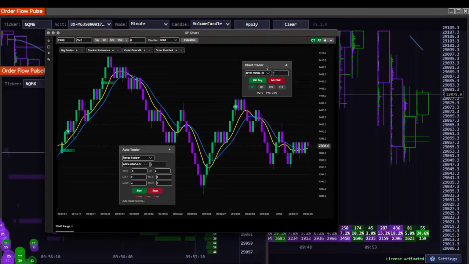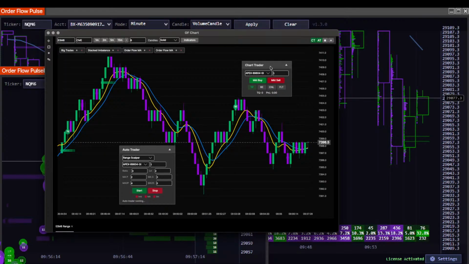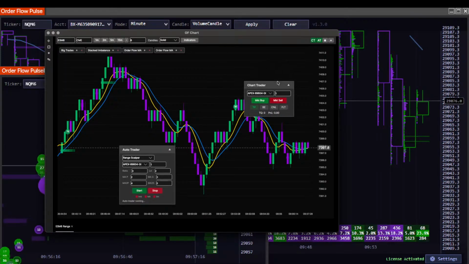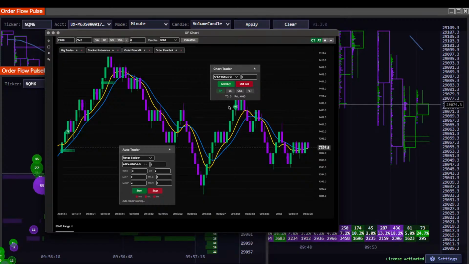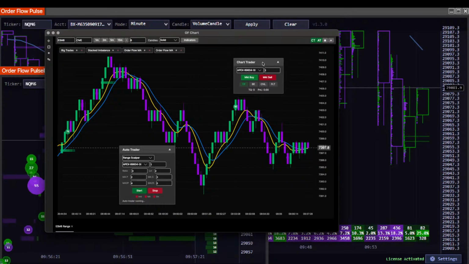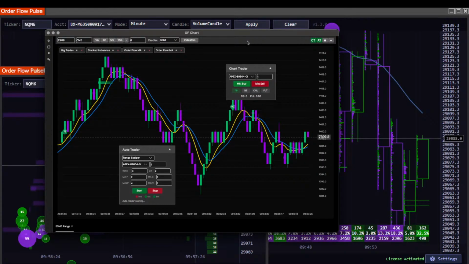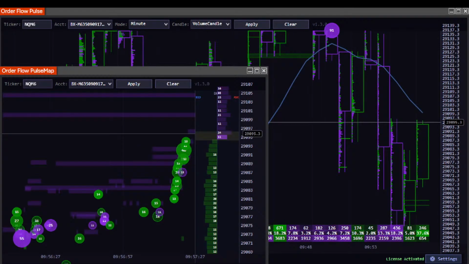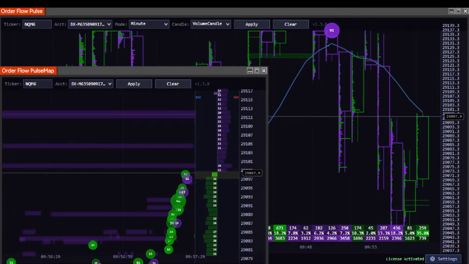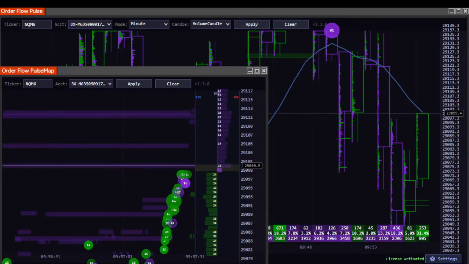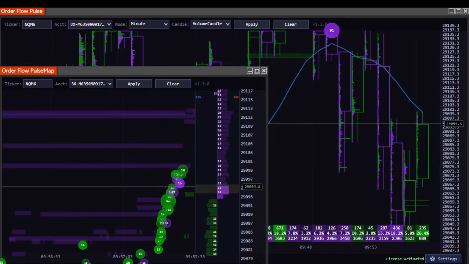What I'm looking to do with my personal platform, which should be released pretty soon, probably next month, is put the chart trader in a floating panel that you can move around to wherever you want. I'm looking to do things that other platforms are not doing.